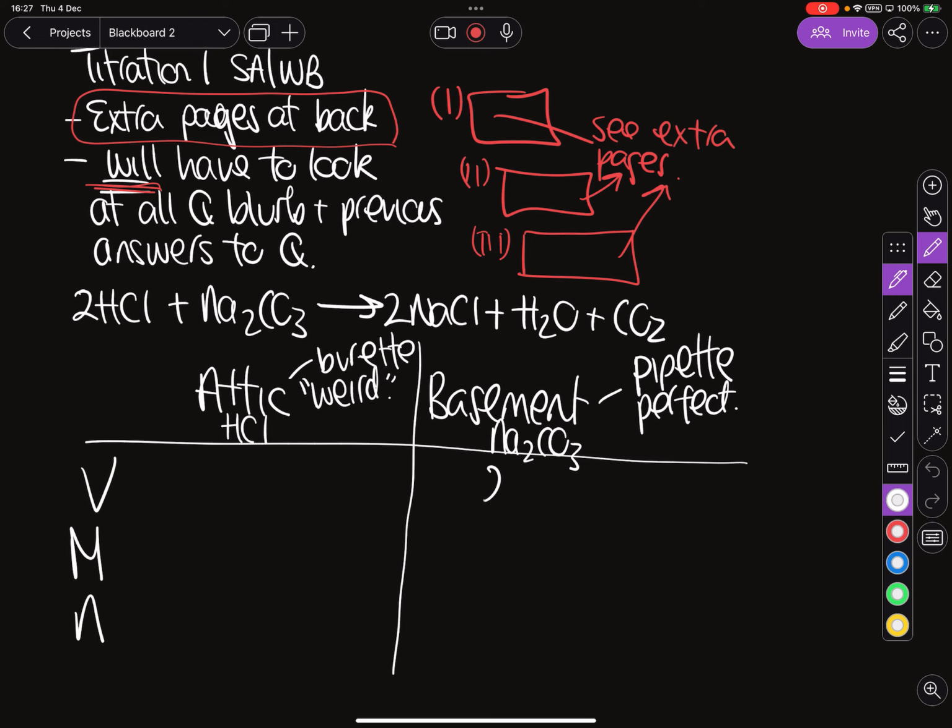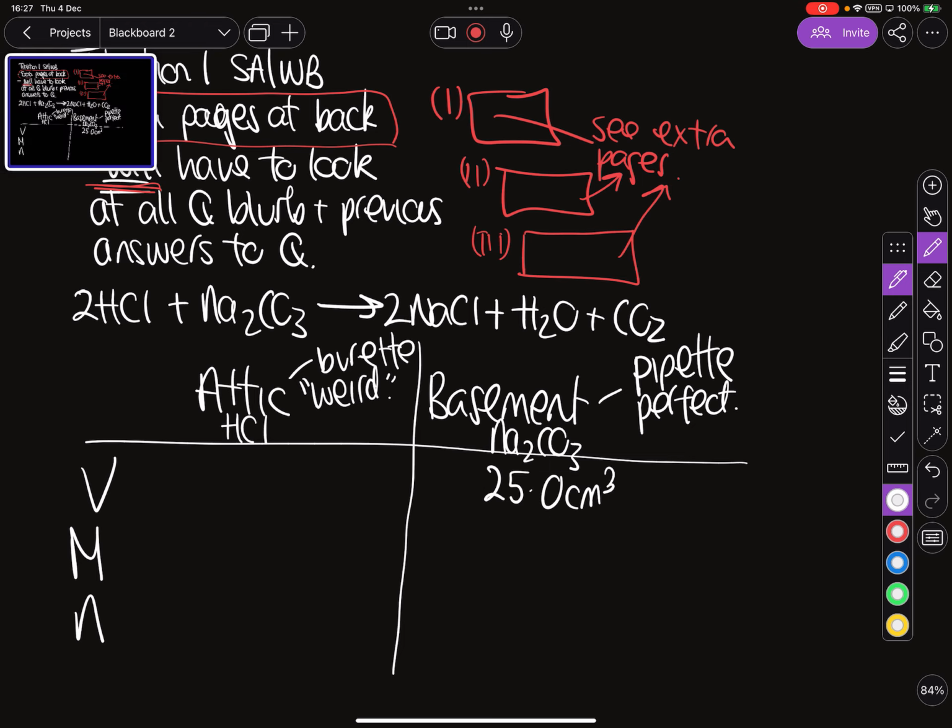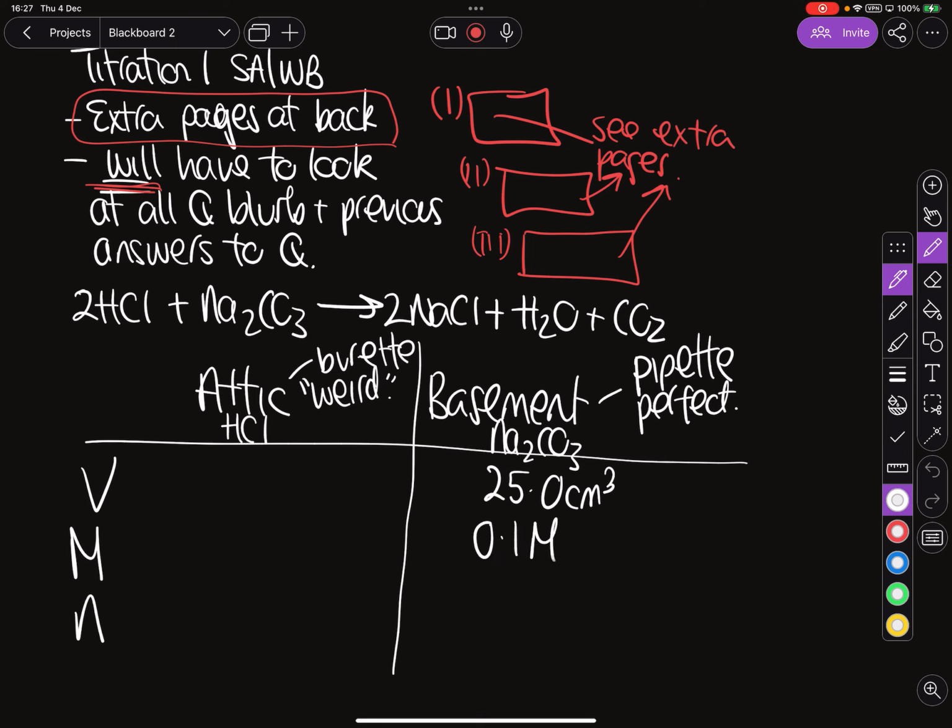When we did our titration, it was 24.0 centimetres cubed. You did your calculation, and it was 0.1 big M. Looking at our equation here, there's nothing written in front of the sodium carbonate, so that means the ratio is 1. Going across to my HCl, my ratio is 2 here.